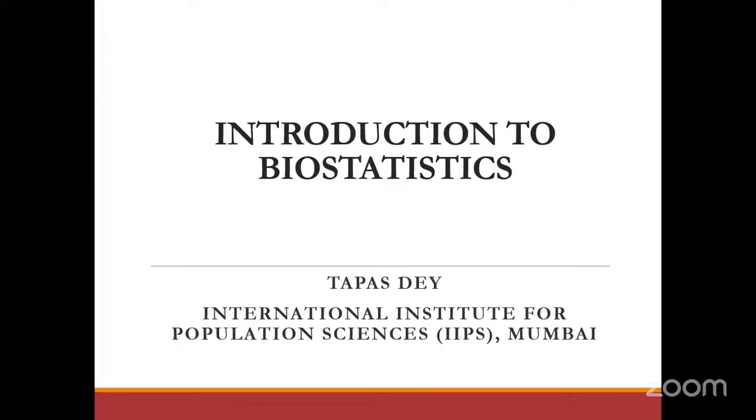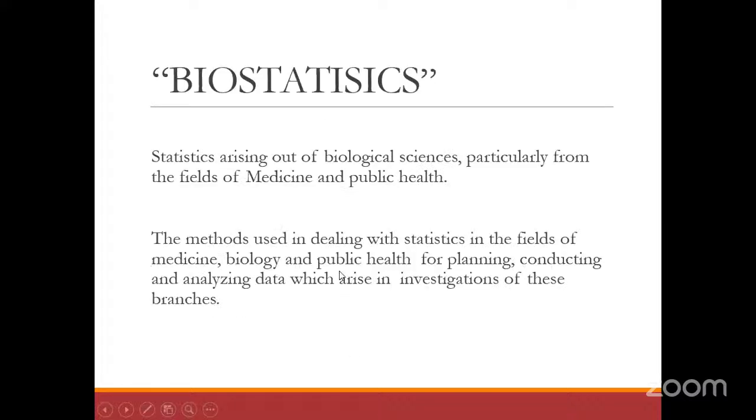If we see the importance of biostatistics, it comes mainly from statistics, and it is used in the fields of medicine and public health. One very interesting study happened in London, called the cholera map, done by John Snow.